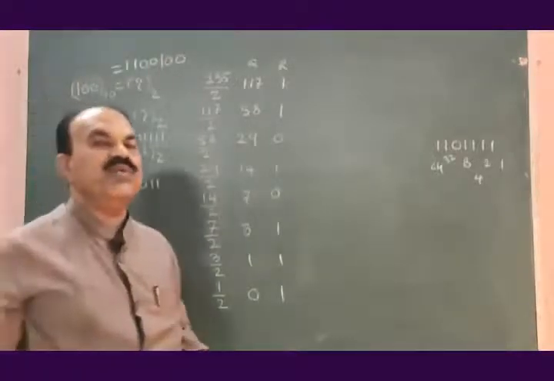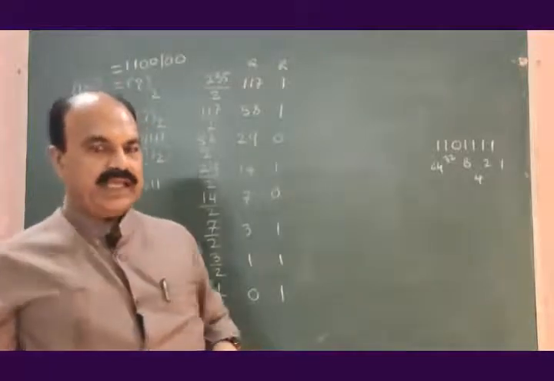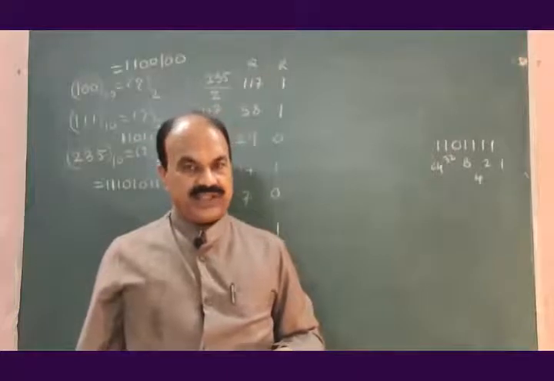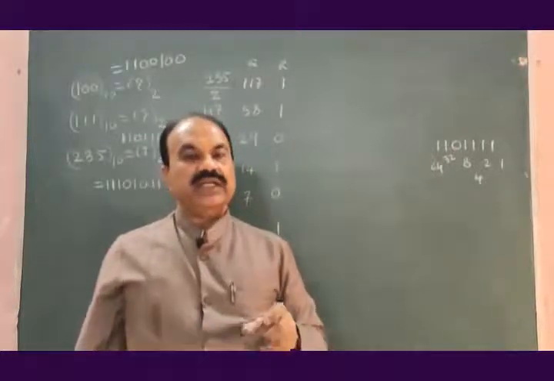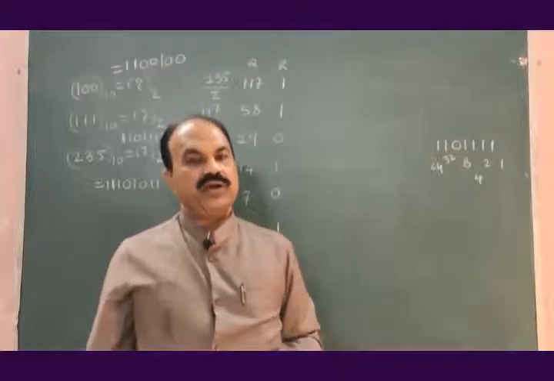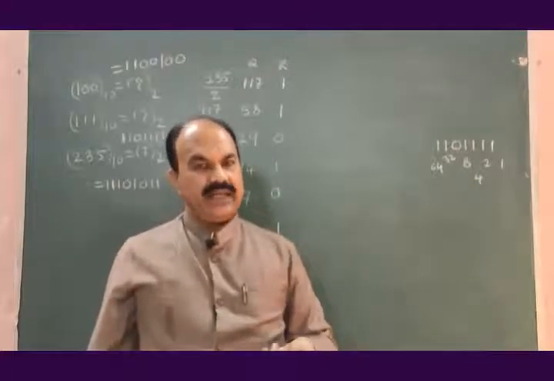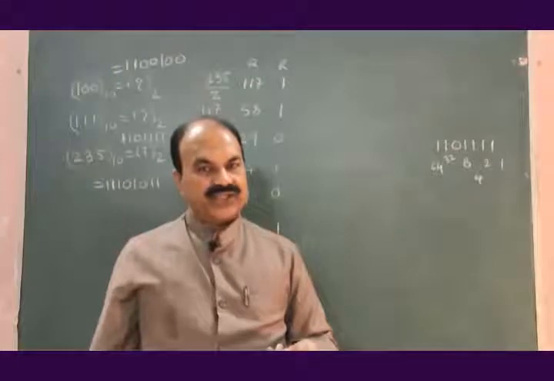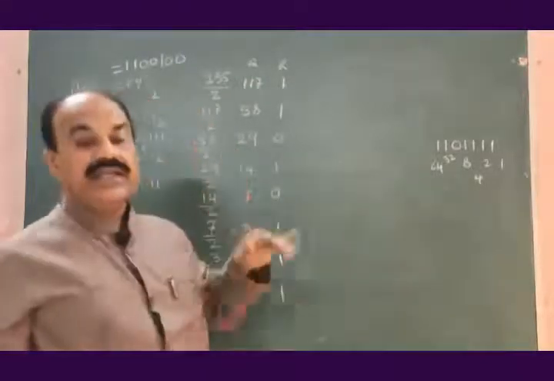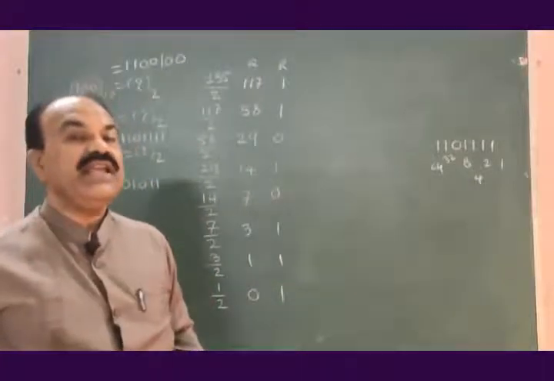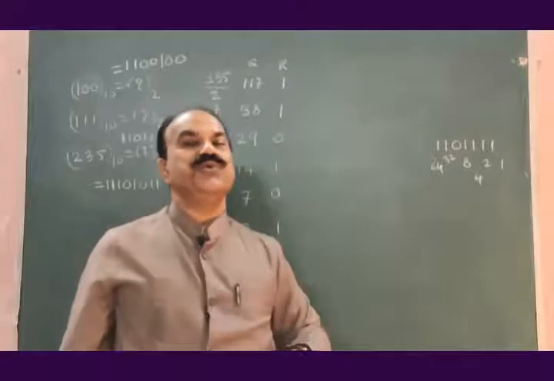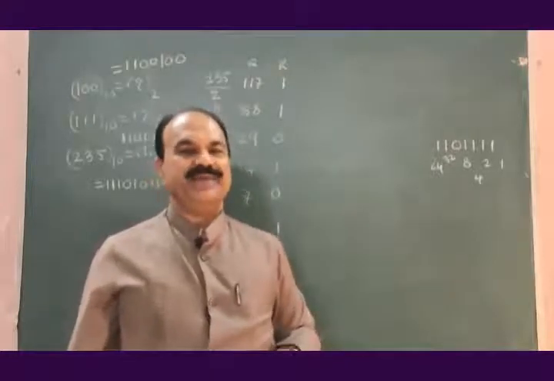So this is how we can use the double method for conversion of decimal numbers to binary numbers. Here we worked out only conversion of integral decimal numbers to integral binary numbers.